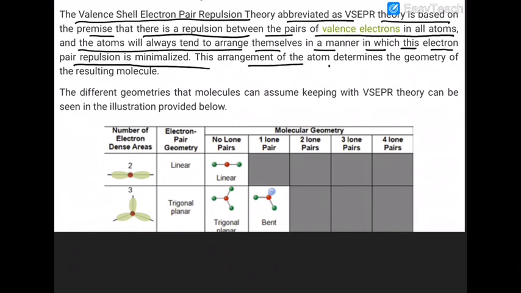The arrangement of the atoms determines the geometry of the resulting molecule. The different geometries that a molecule can assume, keeping the VSEPR theory in mind, can be illustrated below.